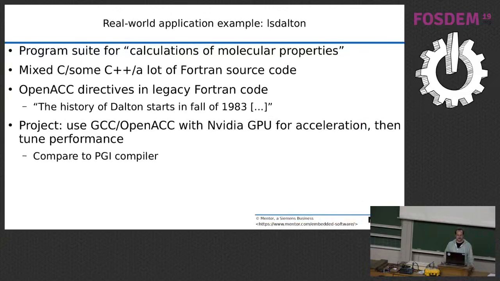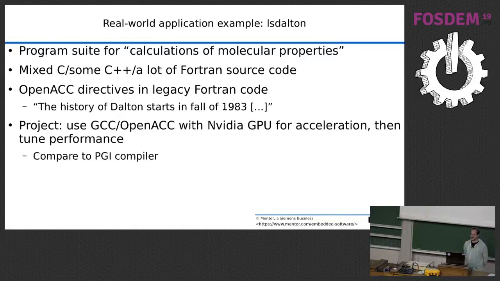Okay, then on to a project that we did last year, the Alice Dalton application, chemistry simulation, calculation of molecular properties. That's about all I know about it. I have not looked into it much at the level of what it's actually doing.